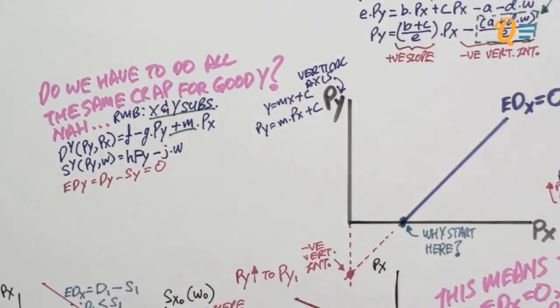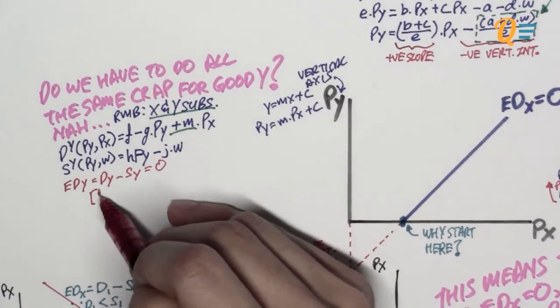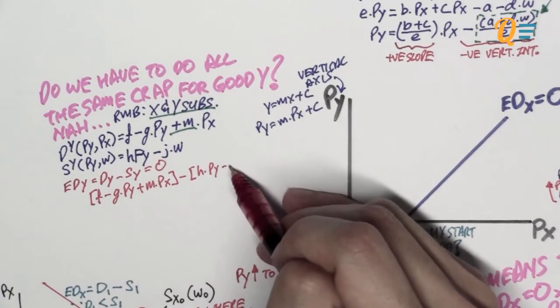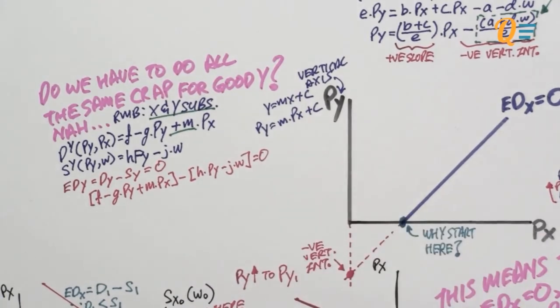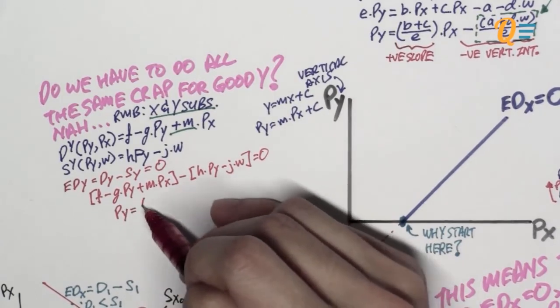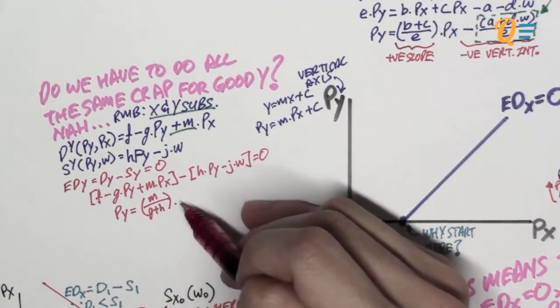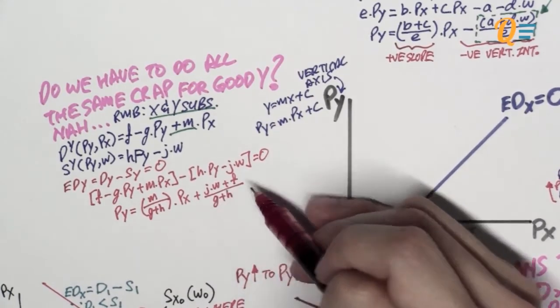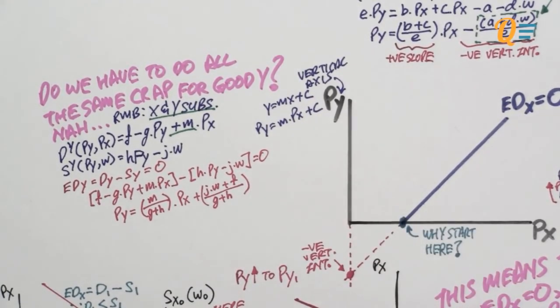Again, we find the excess demand for good Y. We take DY minus SY equals 0, and we make the price of Y the subject of the entire equation again, so that we can fit it into the graph that you see on the right hand side. So here's my linear equation.